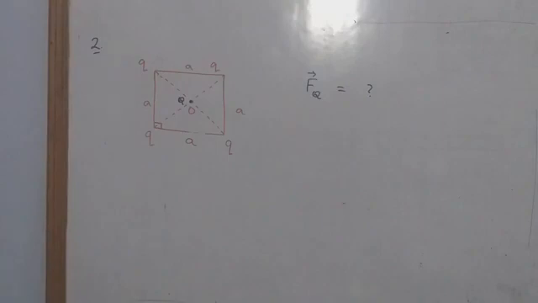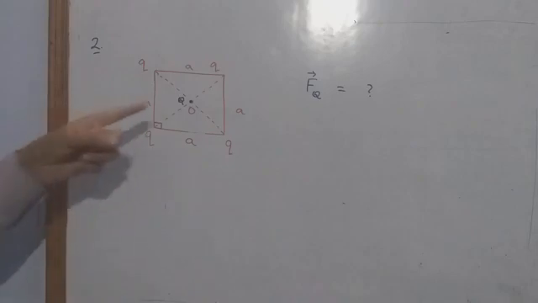Looking at the figure, can you guess the answer, students? So we have to incorporate the principle of superposition here. First you have to think which are the charges that would exert force on this central charge.